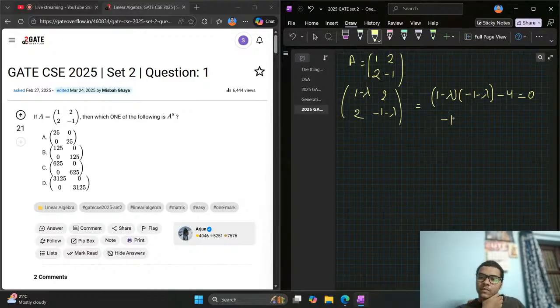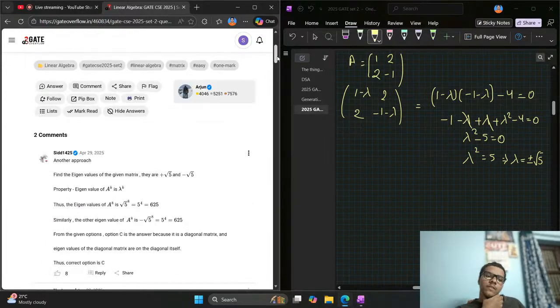So minus 1 minus lambda plus lambda square minus 4 is equal to 0. So lambda square minus 5 is equal to 0. Lambda square is equal to 5, so lambda is plus or minus root 5. Those are the eigenvalues.